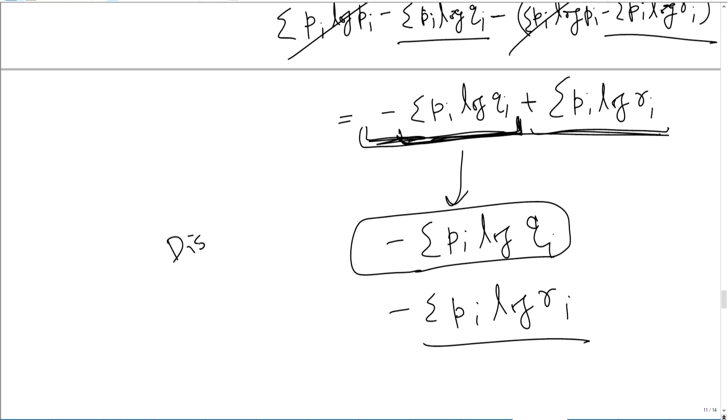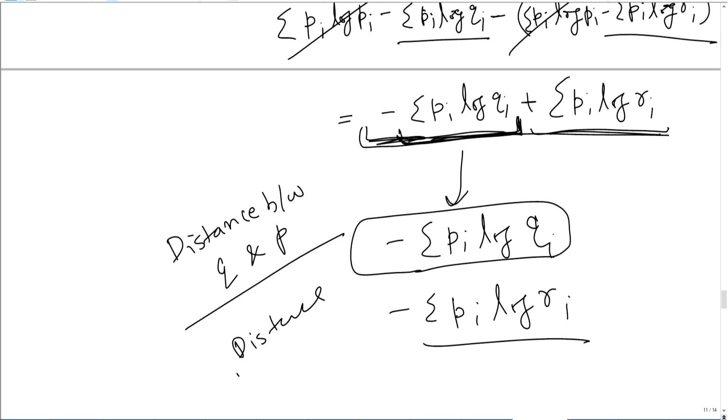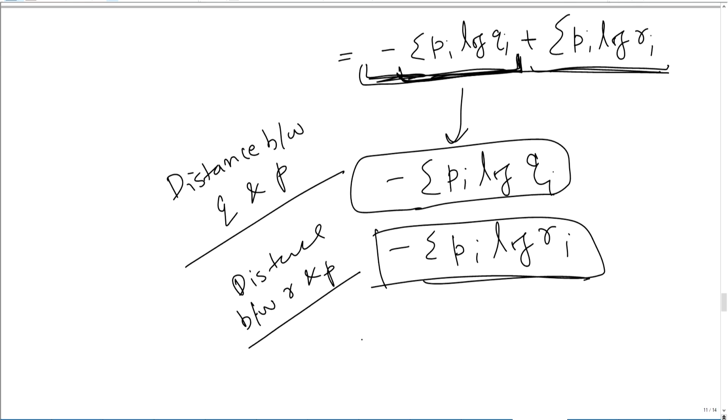In a way this gives you the distance between Q and P. It is actually a relative distance, because it is relative to R, so it is not an absolute distance, and this gives you a measure of distance between R and P. Now, if this negative term gives you distance, then this distance needs to be minimized if the model is closer to the truth. If Q is close to P, then this distance will be minimized.